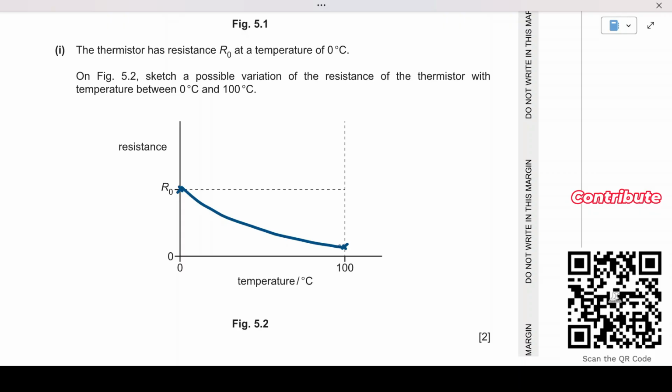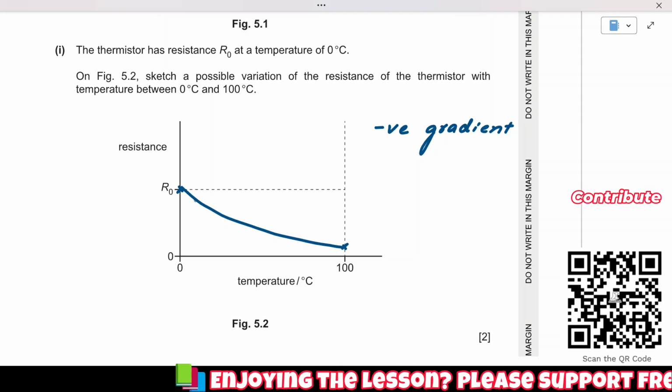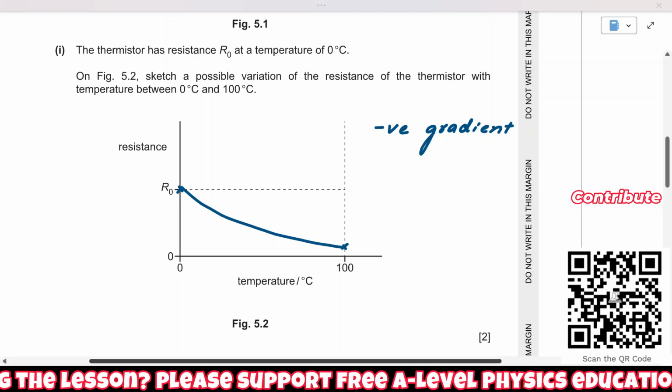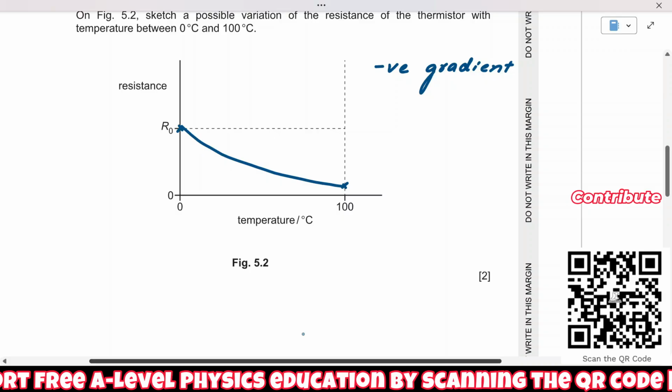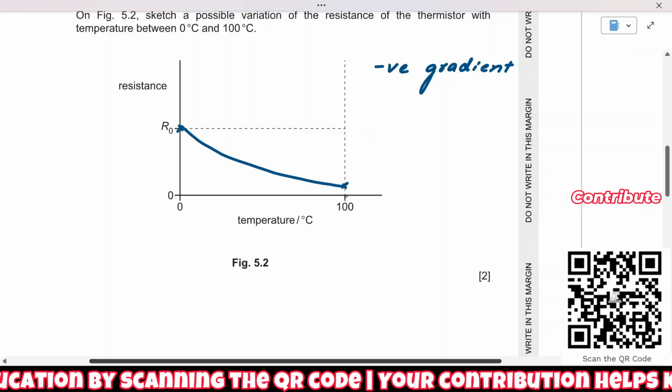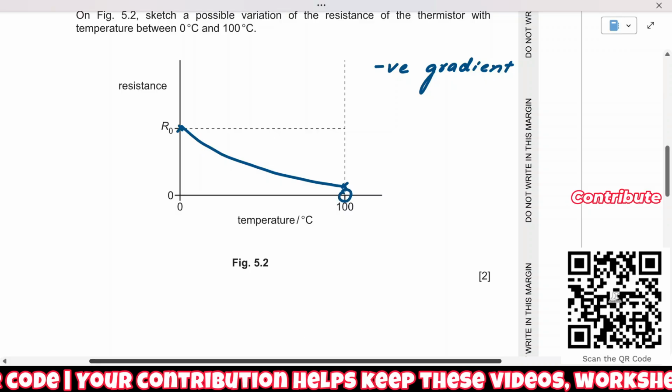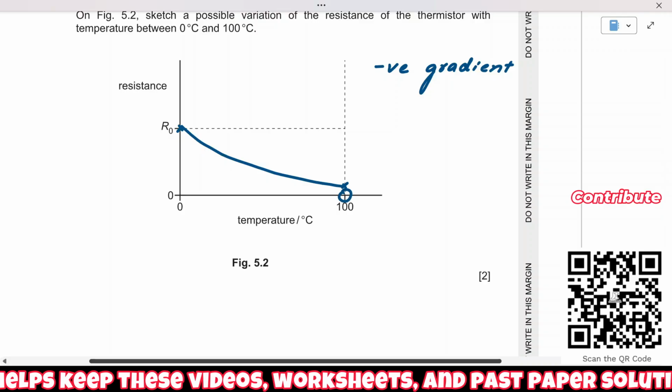The graph will have a negative gradient throughout, and the graph between temperature and resistance is usually not a straight line. It is a curve that looks something like this, and it should not be touching this point over here, because the resistance would not actually be reduced to 0.